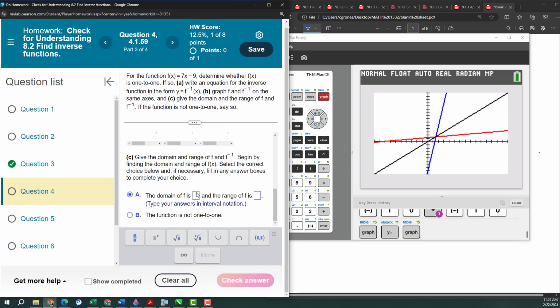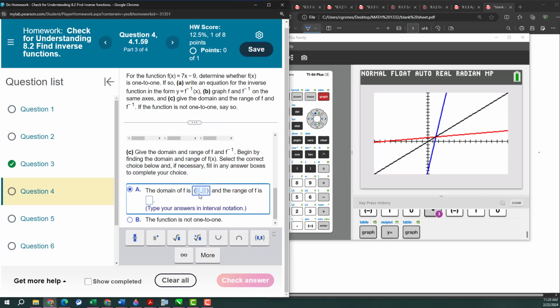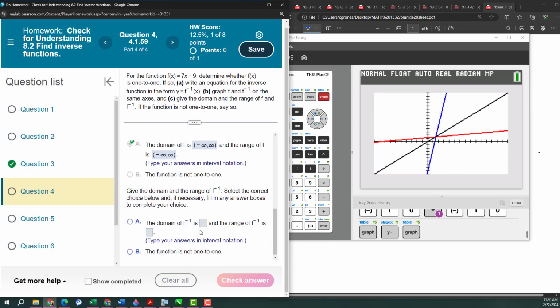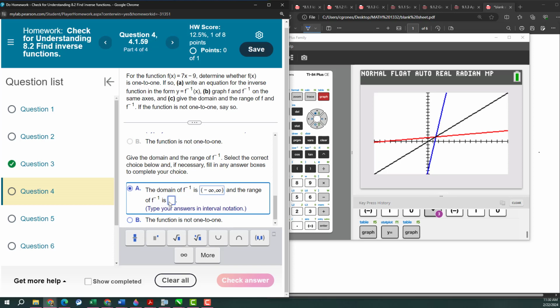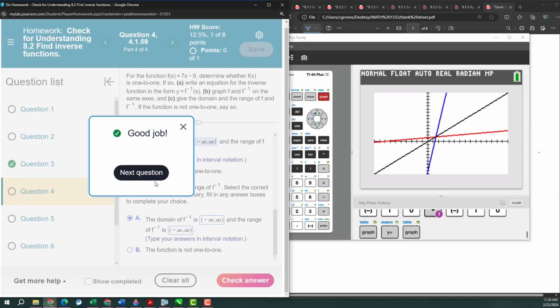So it appears that it is going to be negative infinity to infinity. And then the range of our function is also going to be negative infinity to infinity. For our inverse, same thing.